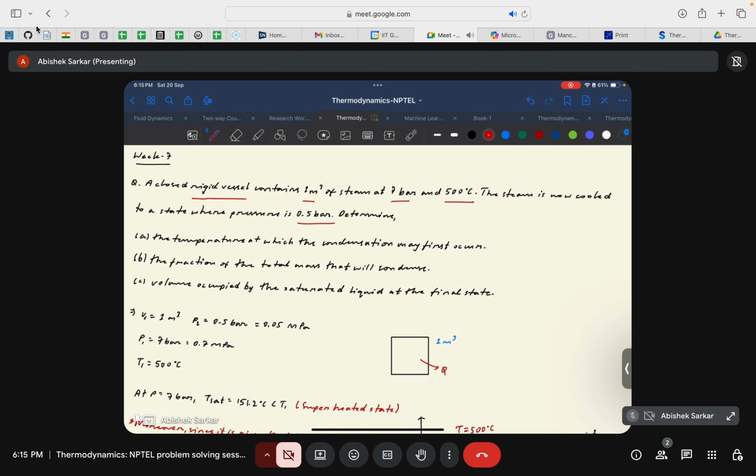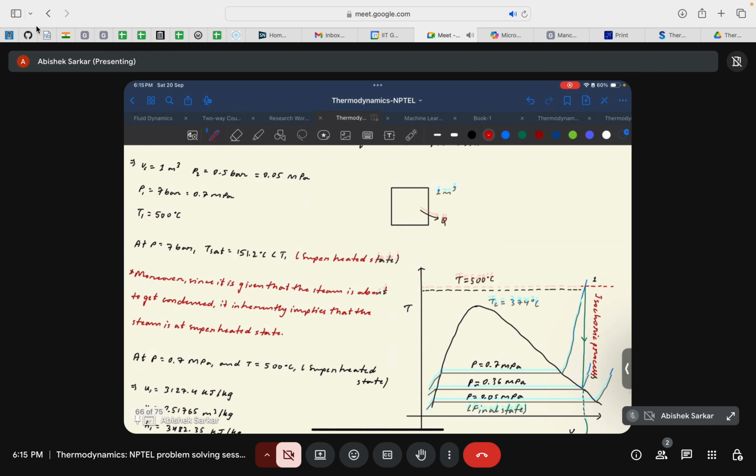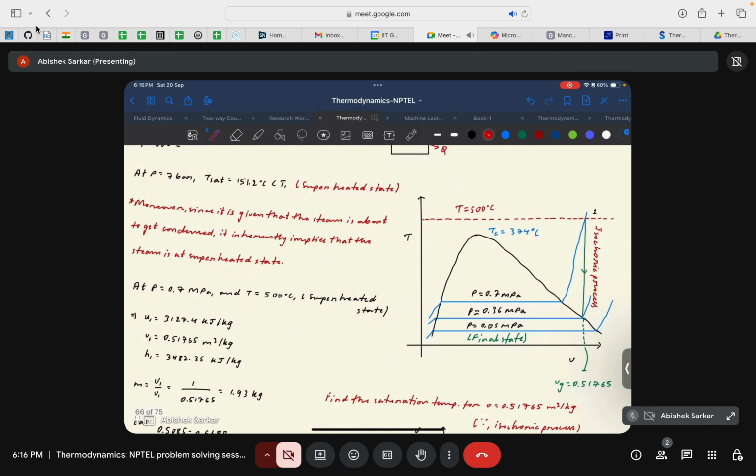Let us understand the first part. It is the temperature at which the condensation may first occur. Keeping all the things in mind, a schematic diagram can be shown here.